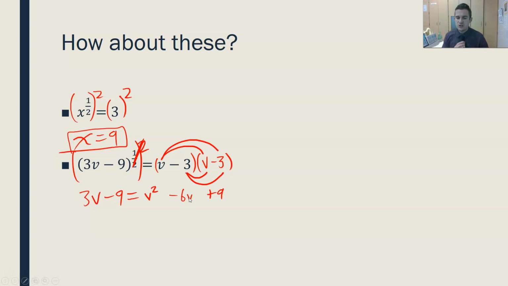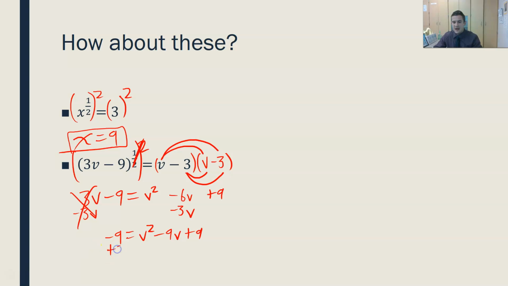So now this is a question on your homework. I'm not going to finish this all the way, but now I have 3v minus 9 equals v squared minus 6v plus 9. Now this is an equation that I can solve. This isn't a linear equation anymore. This is a quadratic equation. So I'm going to go ahead and subtract 3v on both sides, which would give me negative 9 equals v squared minus 9v plus 9.